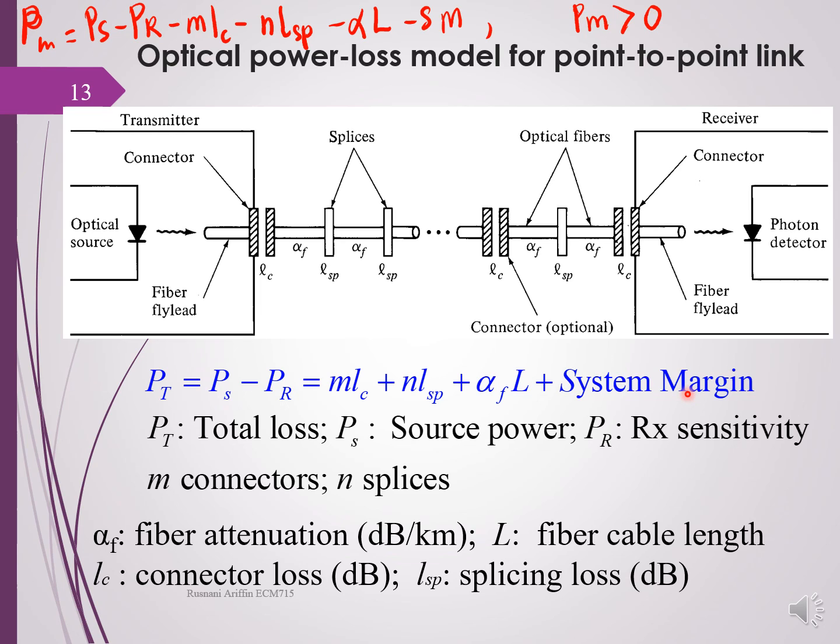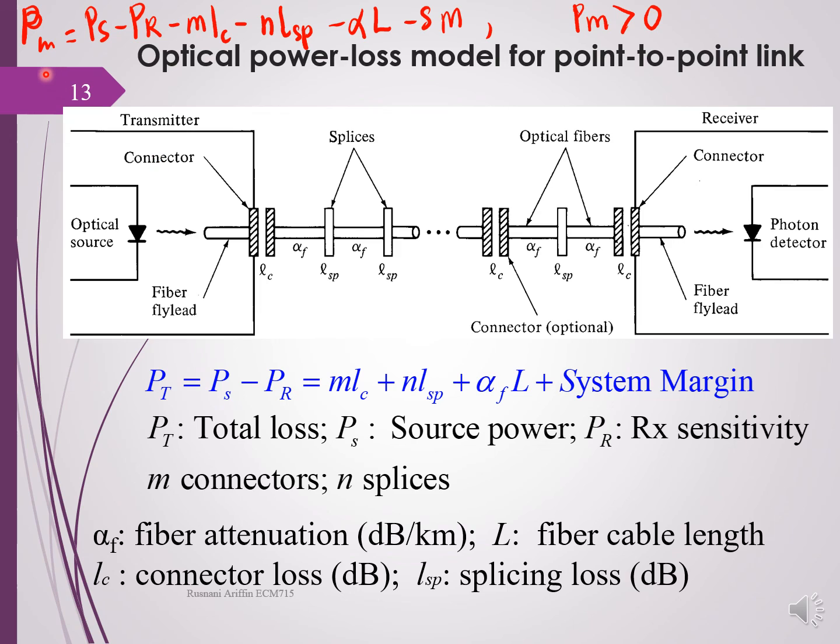Another formula that I would like to introduce to ensure whether your system is viable or not is PM, the power margin. For a system to be viable, your power margin must be greater than 0. If your power margin is less than 0, then your system or your design is not viable.